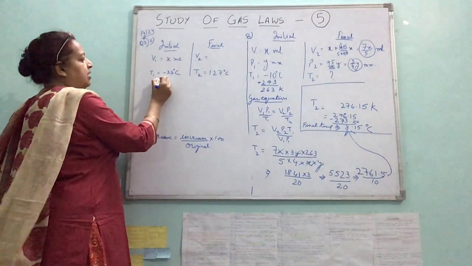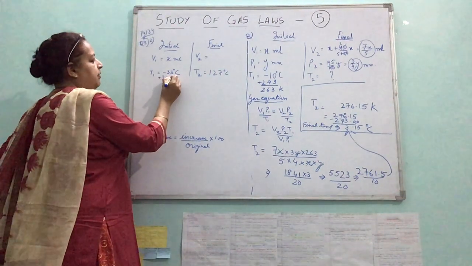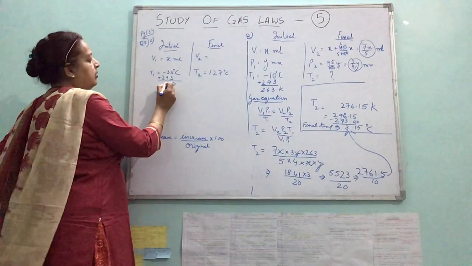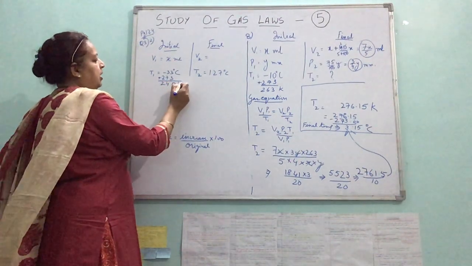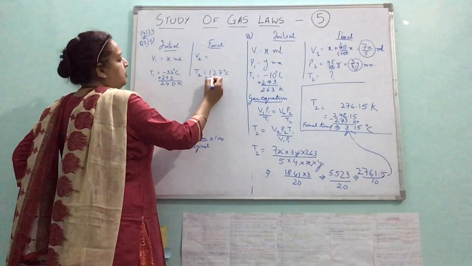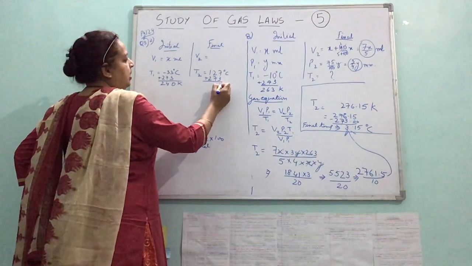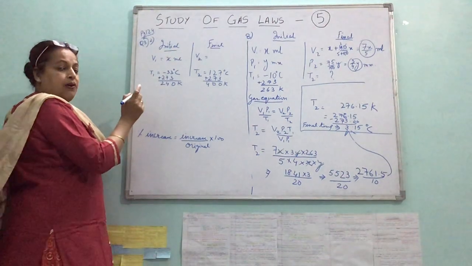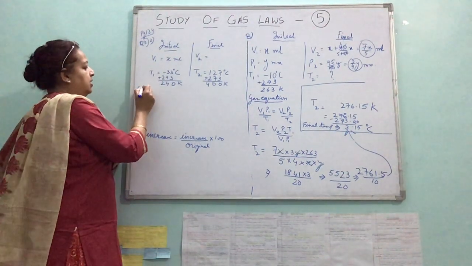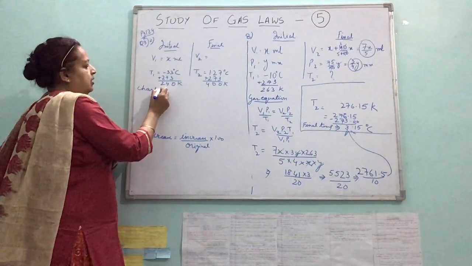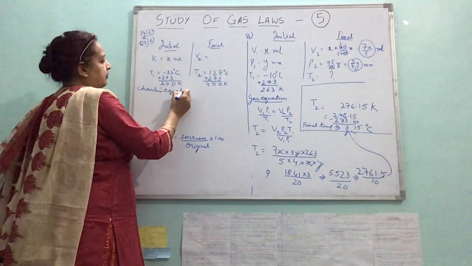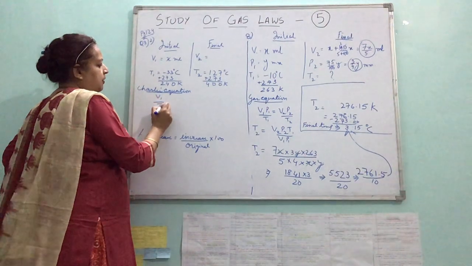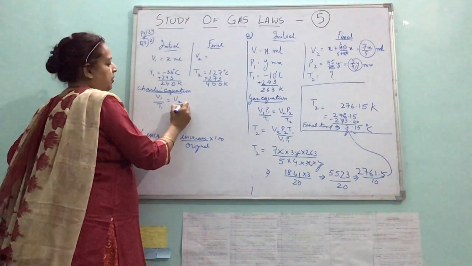Now, before we start, again remember to add 273. Well, opposite sign always subtract. 240 Kelvin, plus 273, same sign always add, 400 Kelvin. Which law? Charles law, Charles equation. V1 upon T1 is equal to V2 upon T2.